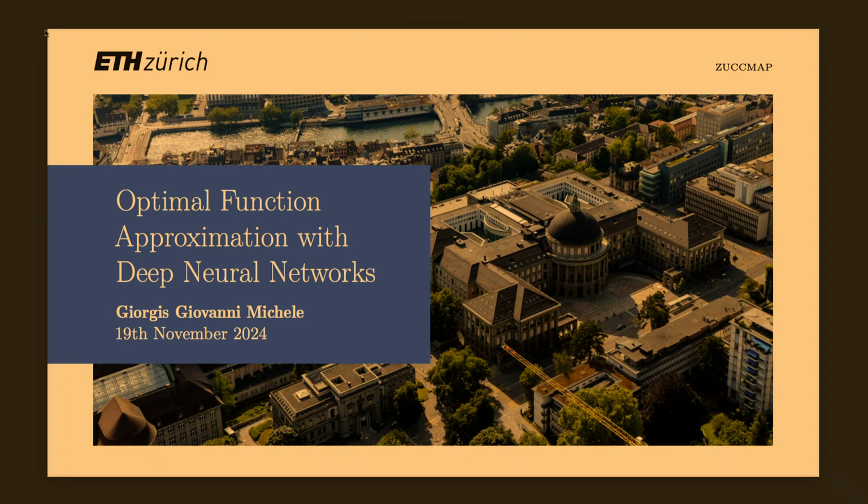So what does a neural network do? A neural network tries to implement efficiently a function by learning it on couples of input and output data. I'm not going to go further here because I'm not even an expert in this. What we are going to try to do today is to characterize the fundamental limit of approximation.